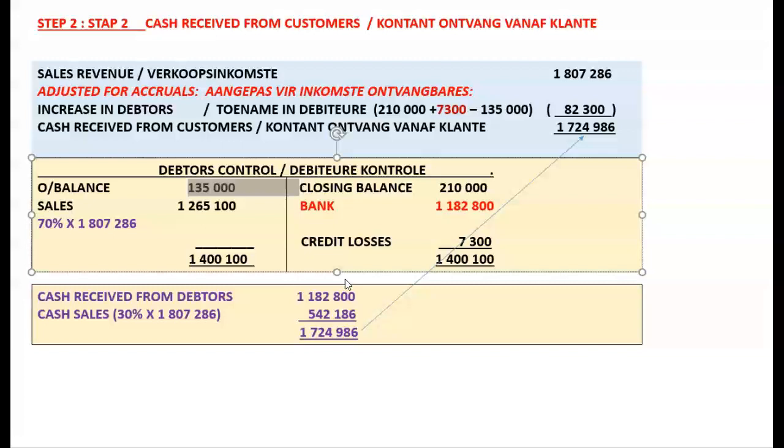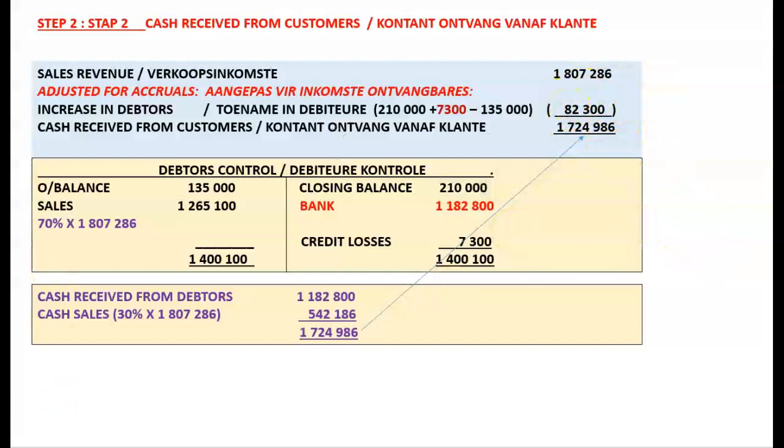The other way that you could have argued is that I have to take the 135,000 Rand and then minus 7,300 Rand from the 135,000, and then I would have gotten to the amount that I've received in respect of last year, which equals 127,700. And that I'm going to compare with my outstanding amount at the end of the year of 210,000, and that will give me, in fact, again, that increase in debtors of 82,300.